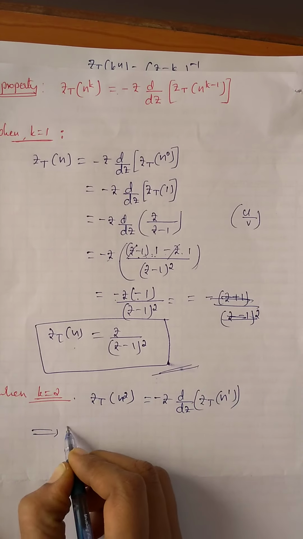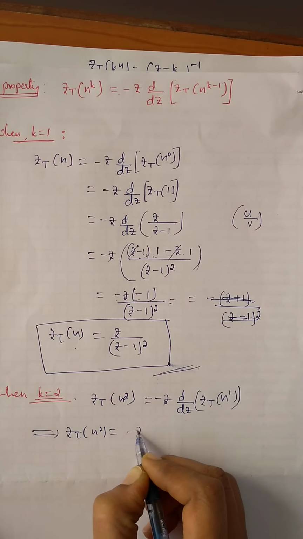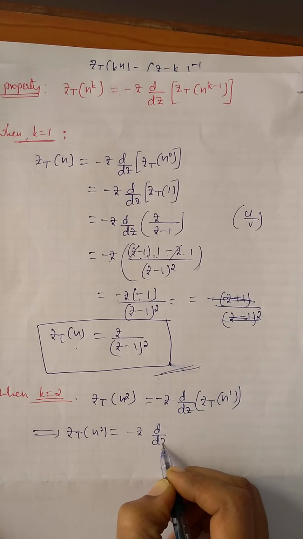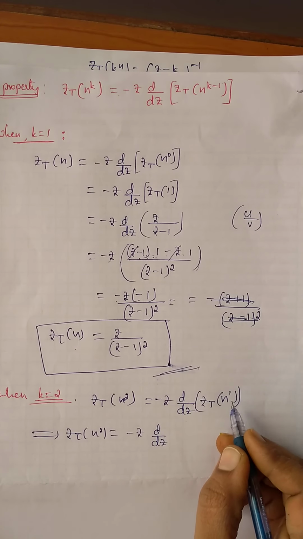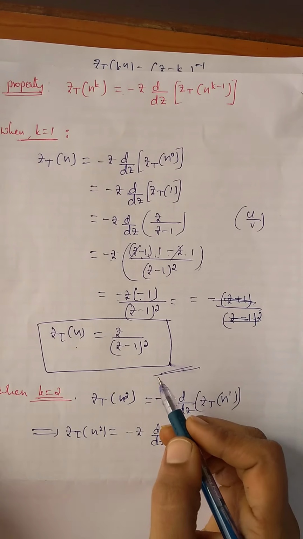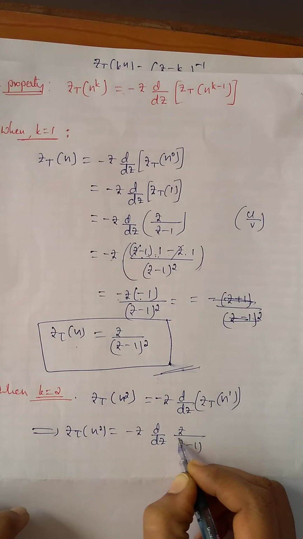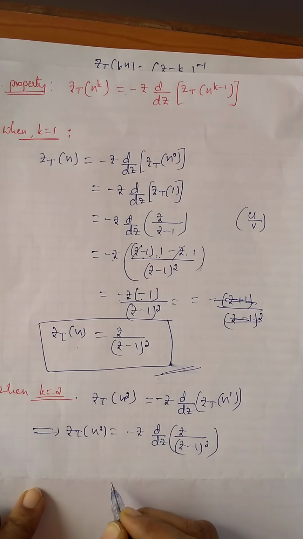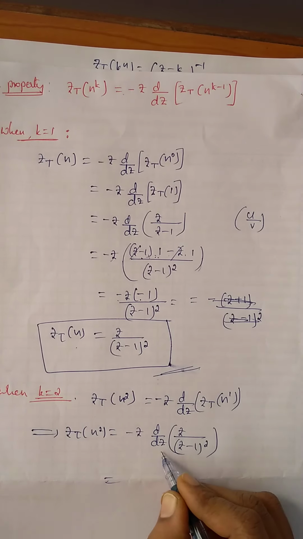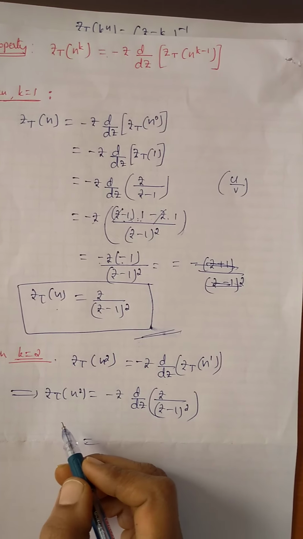Next, simplify this. Z transform of n square is equal to minus z d by dz into Z transform of n to the power of 1, nothing but Z transform of n. We know from previous that Z transform of n answer is z by z minus 1 whole square. Okay, just differentiate this with respect to z, apply quotient rule, we will get Z transform of n square answer.